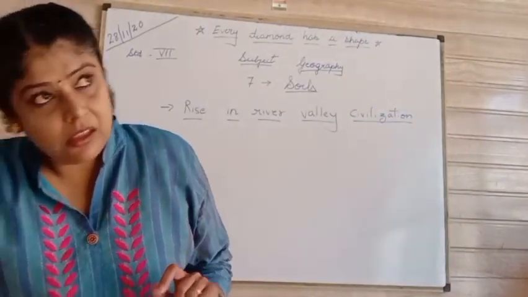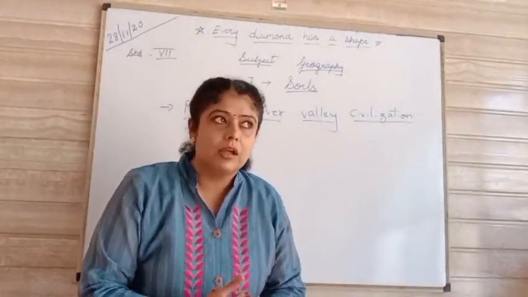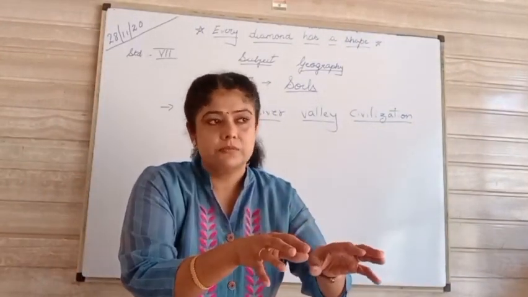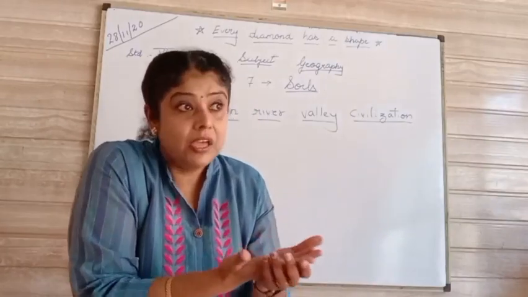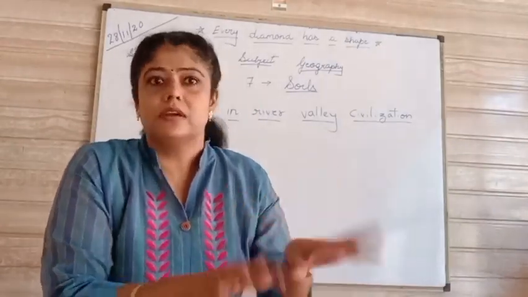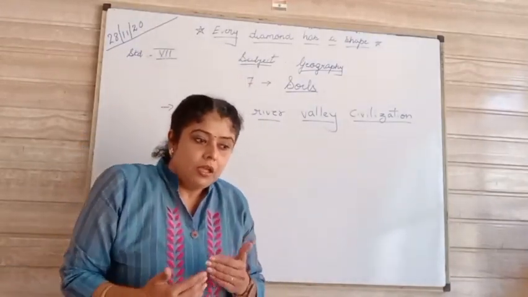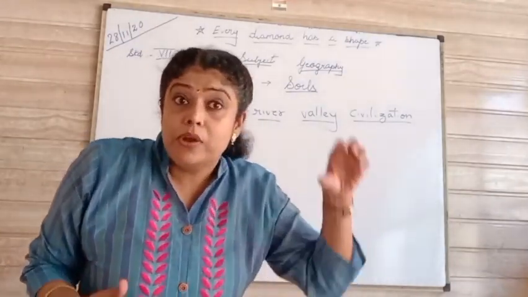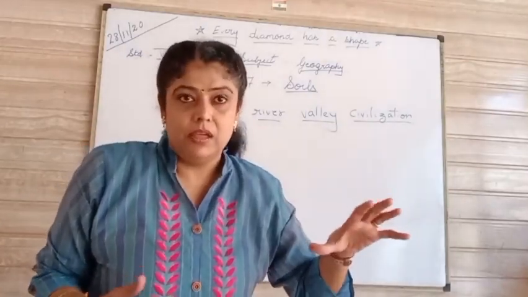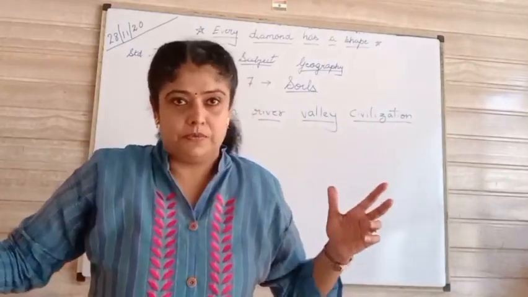In ancient times, when man came to know that if he sows seeds, plants start growing and we can yield crops from that, he started sowing seeds. Then later on, after a certain period of time, he experienced that in the soil near the river beds, you can grow more crops in more numbers.